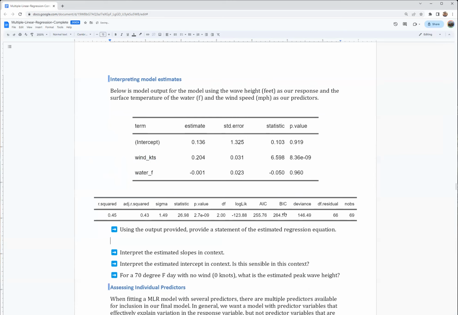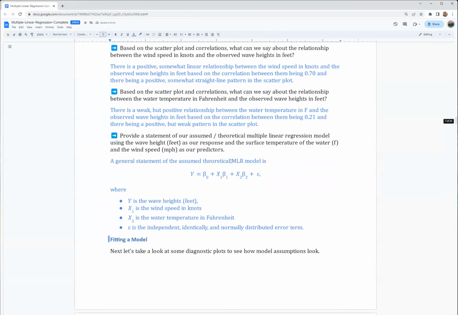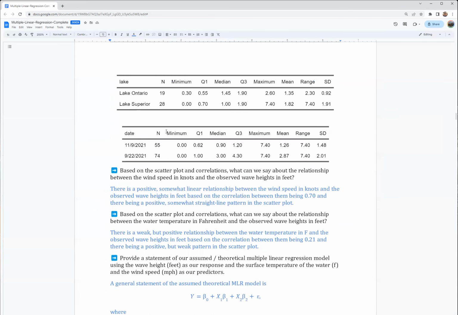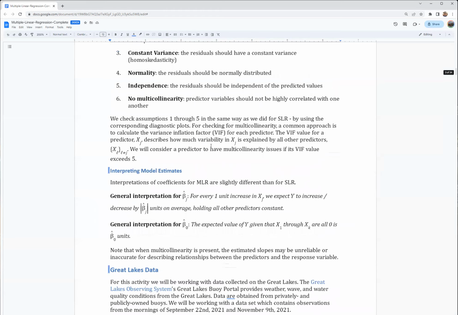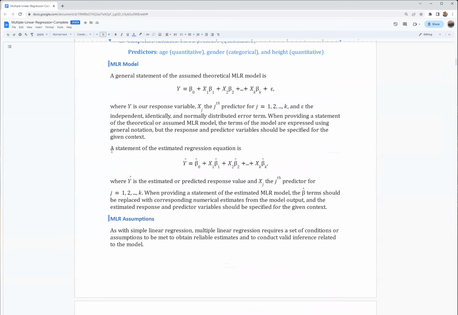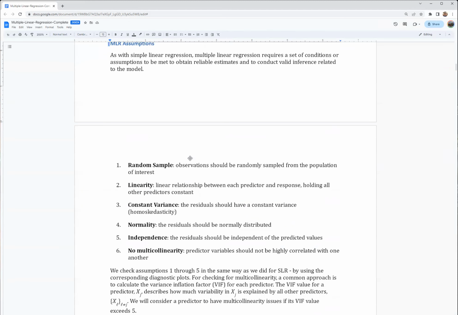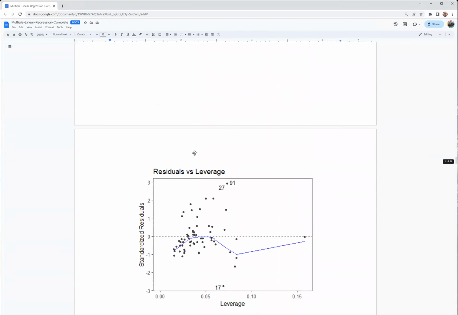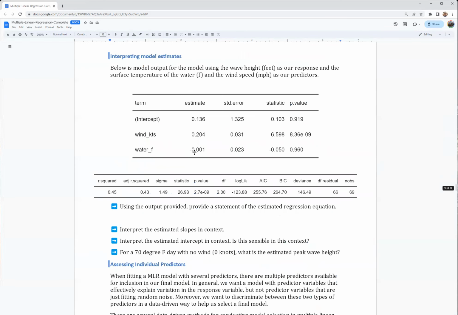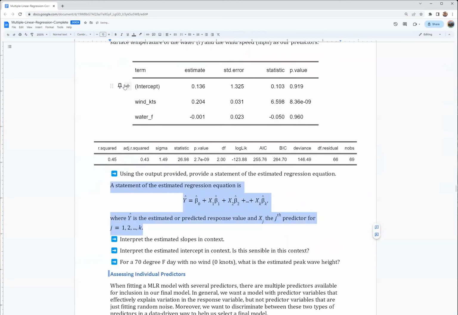Now let's give a statement of our estimated regression equation. So let's copy the blueprint interpretation from up here, and then let's color that blue.